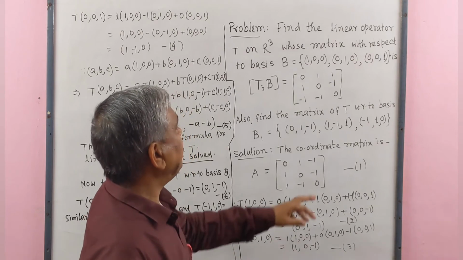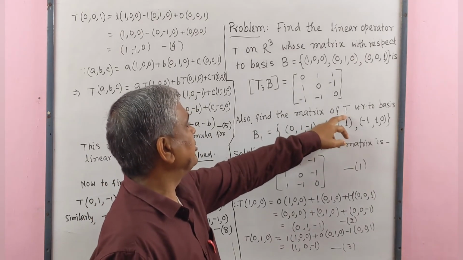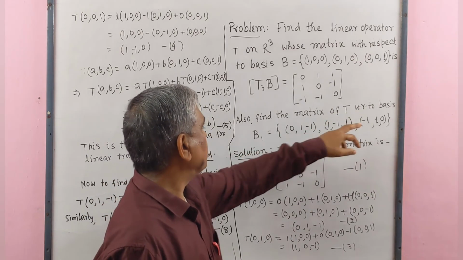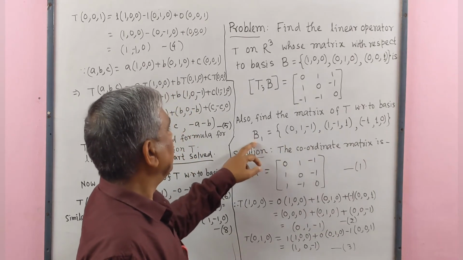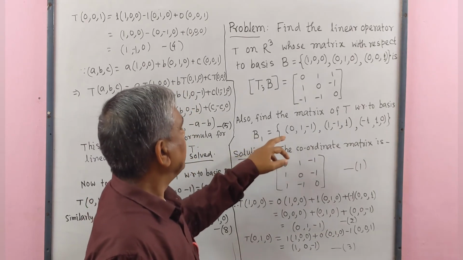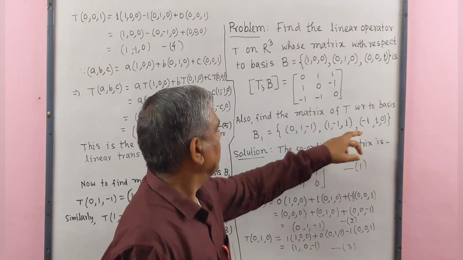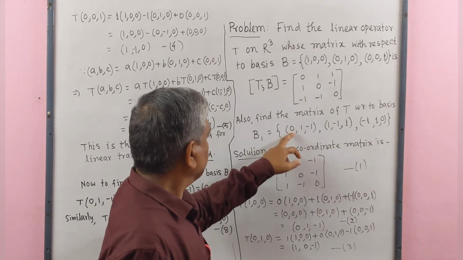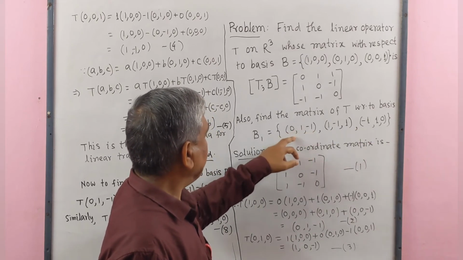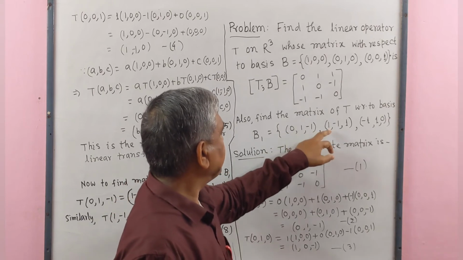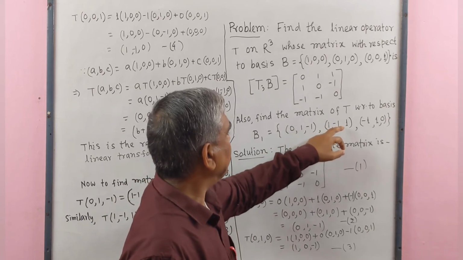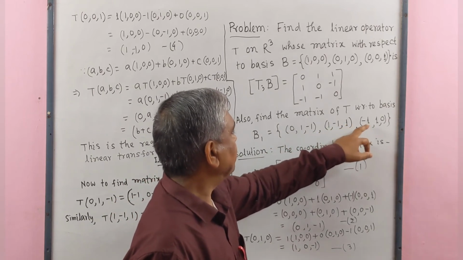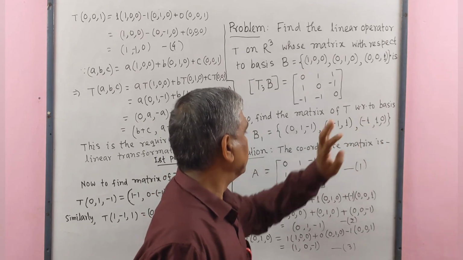Also find the matrix of the linear transformation T with respect to basis B1. B1 contains three vectors: (0, 1, minus 1), the second triplet (1, minus 1, 1), and the third triplet (minus 1, 1, 0).